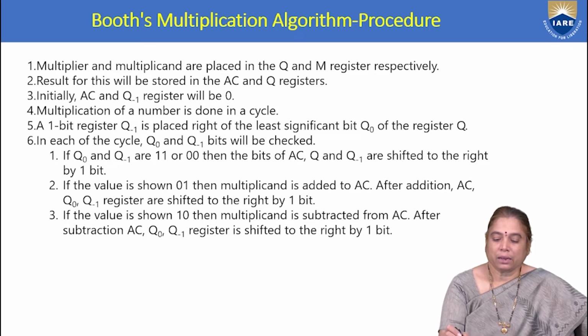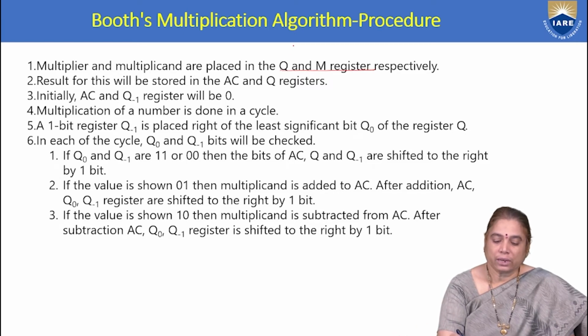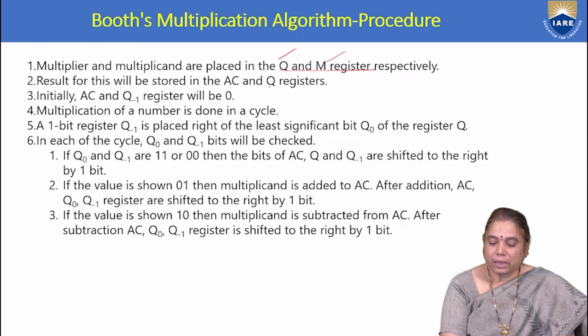Multiplier and multiplicand are placed in Q and M registers. So 2 registers are taken. The Q register stores the multiplier value and the multiplicand value is stored in the M register. The result from this will be stored in the AC and Q registers.